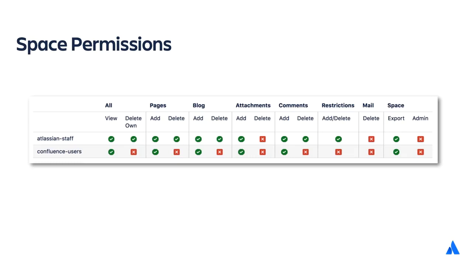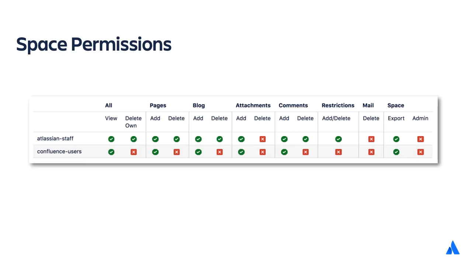Now let's talk about space permissions. Each space in Confluence has its own set of permissions, which can be granted and revoked by a space administrator. Here are the space level permissions as they are displayed in the Space Permissions Administration panel. As you can see, when reading from left to right, the first permission is the permission to view content.